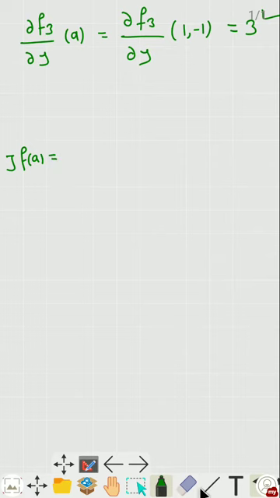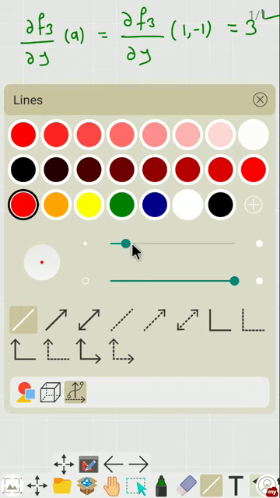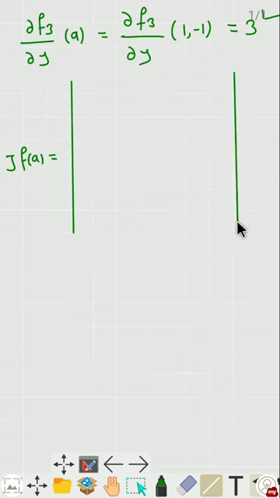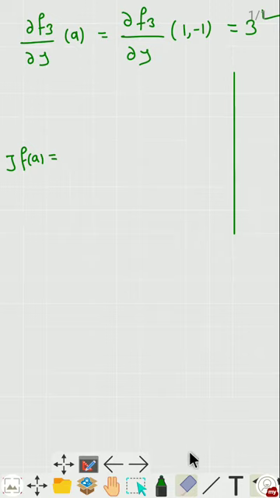So that Jacobian is equal to, okay, we have to write the matrix notation.